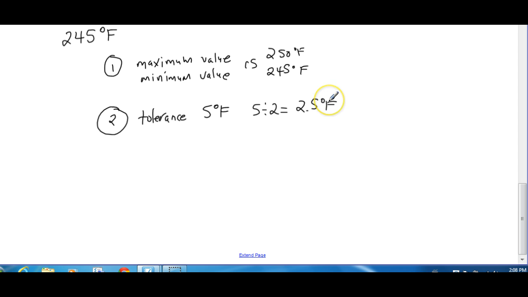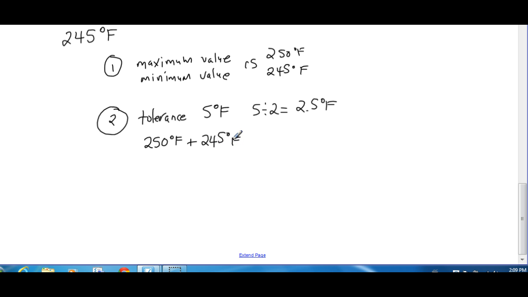What we also need to do is find our nominal value. Okay, well, to calculate the nominal value, we have to add our maximum and our minimum temperatures together and divide by 2. So we've got 250 degrees Fahrenheit. We have to add that to 245 degrees Fahrenheit.